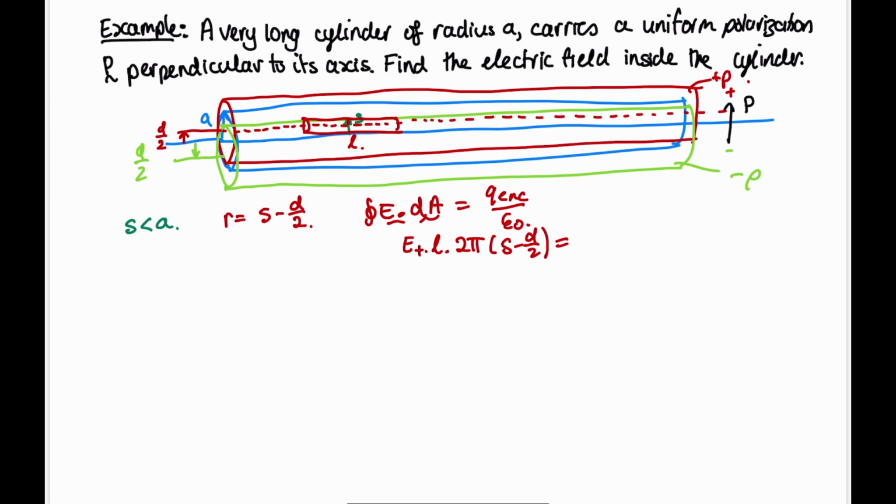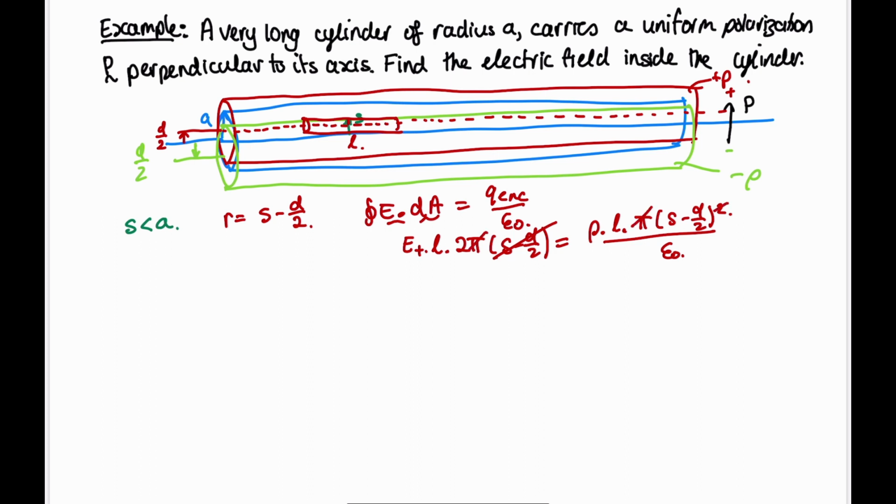going to be the charge density, rho, times the volume, which is 4/3 pi, it's not a sphere, it's a cylinder, so this will be times L times pi r squared, which is S minus D over 2 squared, divided by epsilon naught. So one of these r's will cancel with that.